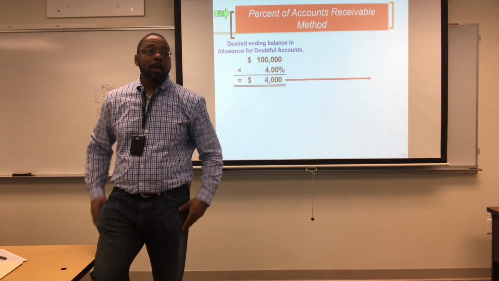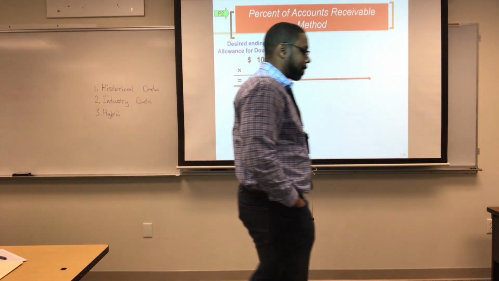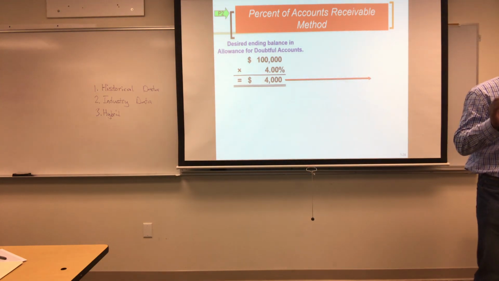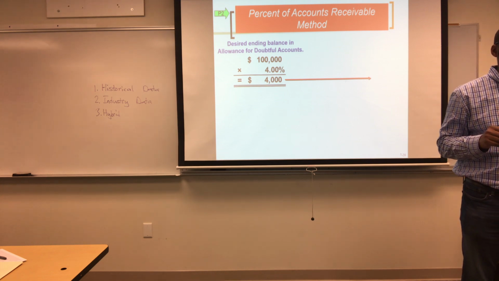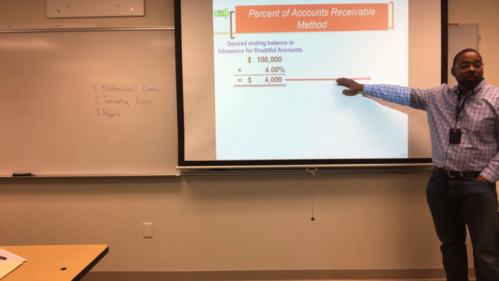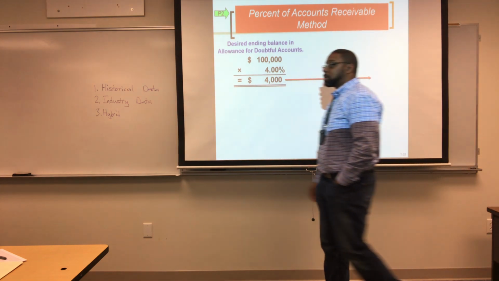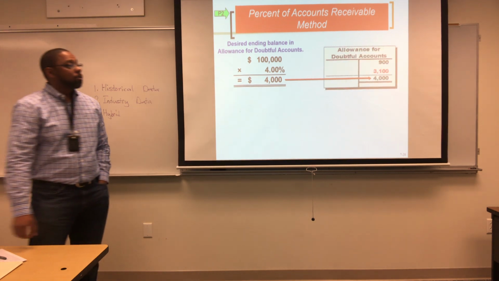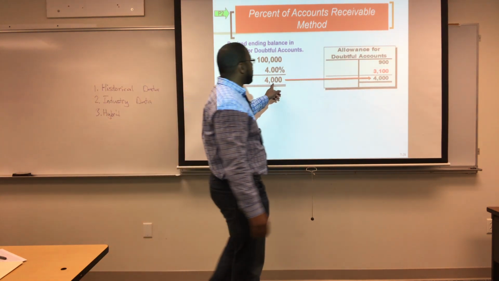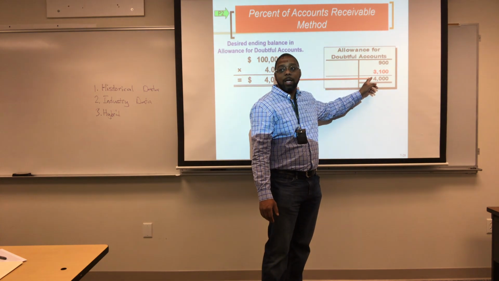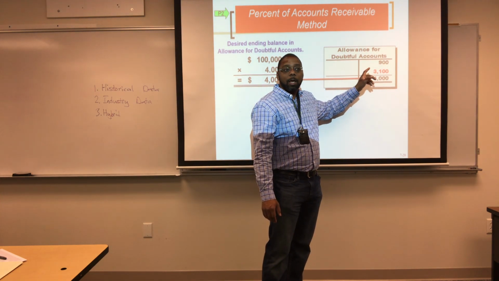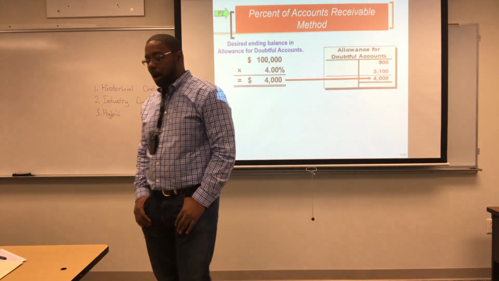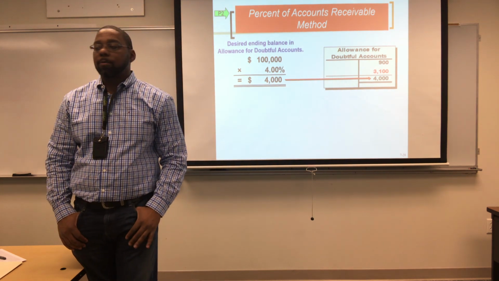Everyone with me? Now here's where things change, scholars. The difference between this and percent of sales, and please keep this in mind for your midterm coming up, is that in this case, this is what we want to see as the ending balance. So we don't jump straight into doing the journal transaction. We have to recognize that this is what we want to see as an ending balance. And so the next step is to figure out what the beginning balance for this account was.